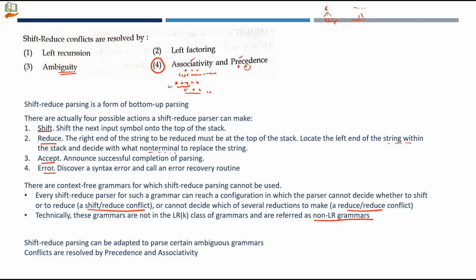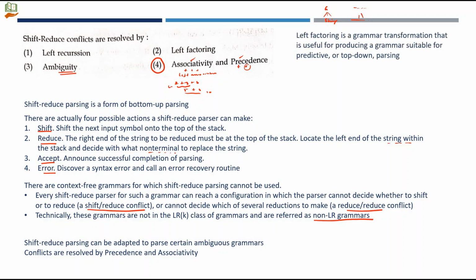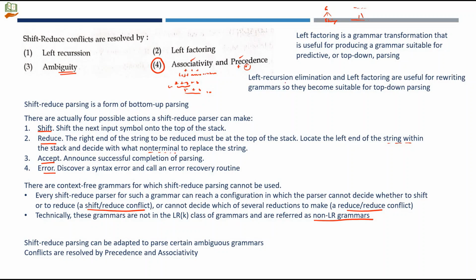What about the other two options? Left factoring is a transformation that is useful for producing a grammar suitable for top-down parsing. It is not a content of bottom-up parsing. What about left recursion? Left recursion elimination, so it is not a technique. Actually, we have to eliminate that. Left recursion elimination and left factoring are useful for rewriting grammars, so they become suitable for top-down parsing.